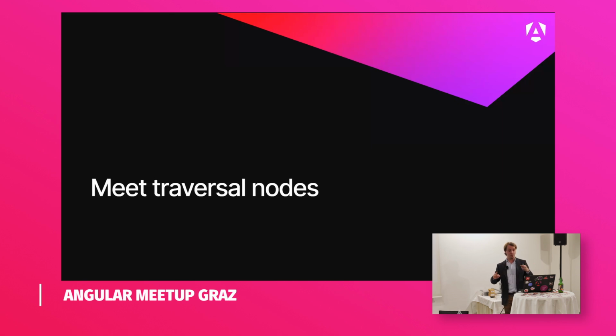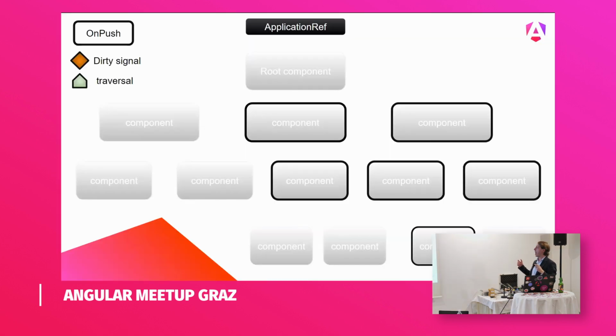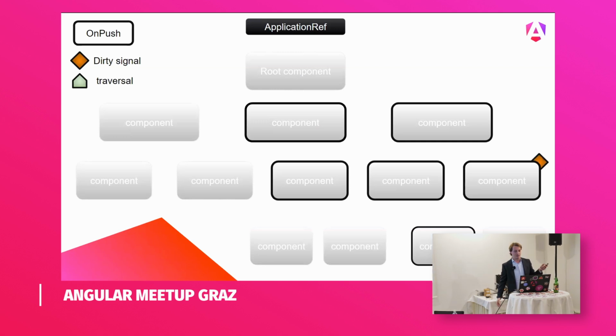So with signals, we'll still have our change detection like before, starting at the top to the bottom, but some components are going to be skipped. And here my example is I've got a component that is dirty. So I have a dirty signal. It means the signal has been changed somewhere, maybe by the signal store.